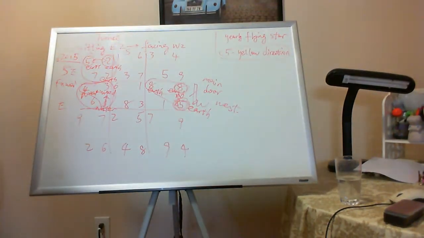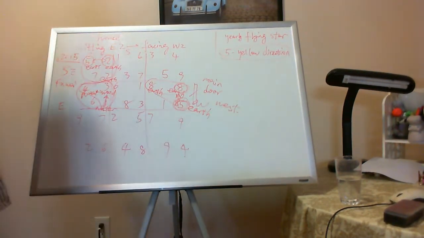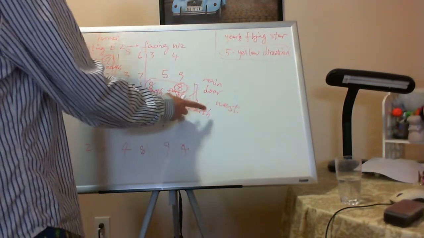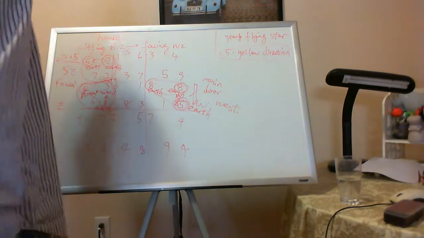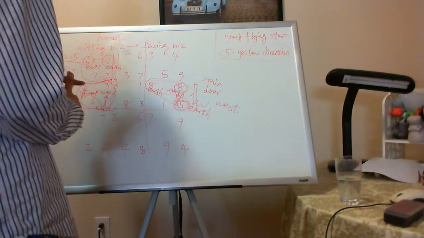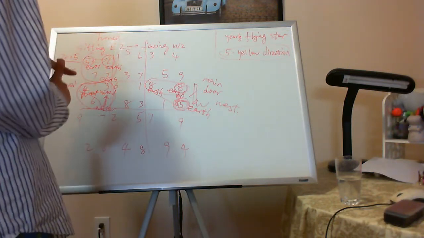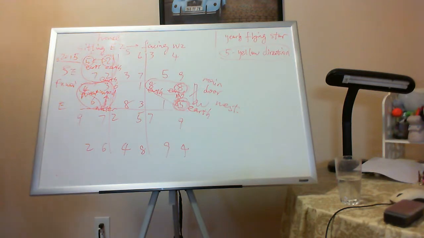If in this direction it's the main door, like in this example, okay, not good for the house. If this is a bedroom, not good for the house. And if it's a bathroom, okay, then not bad.